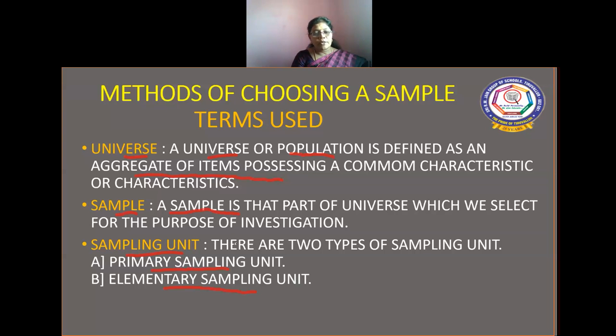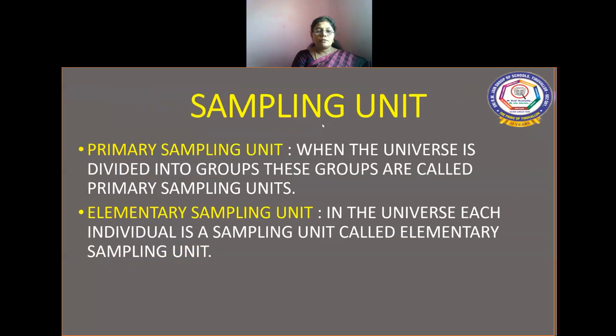Already I told you it is divided into two, primary sampling unit and elementary sampling unit. First one, primary sampling unit. When the universe is divided into groups, these groups are called primary sampling units.